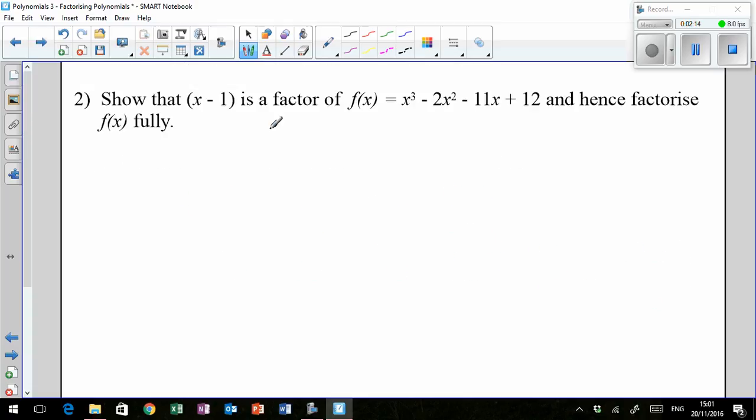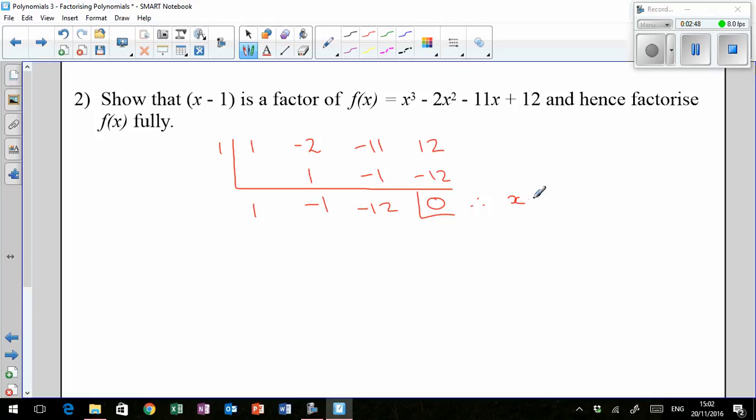Now let's start using that to fully factorise. For this one, we've got to show that it's a factor, but then we've got this extra step at the end. What we're going to do is use our synthetic division. x minus 1 will turn into just a 1. We've got 1x cubed, negative 2x squared, minus 11x, and we've got a 12 at the end. 1 comes down, times by 1 is 1, minus 1, which will be minus 1, which will be minus 12, which will be minus 12, which adds together to get 0.